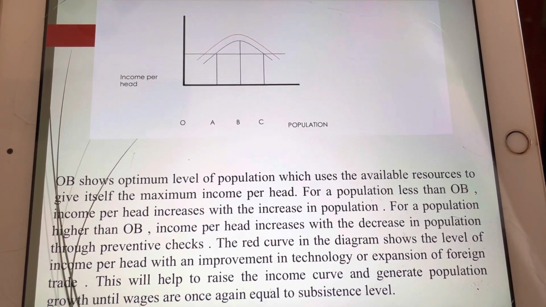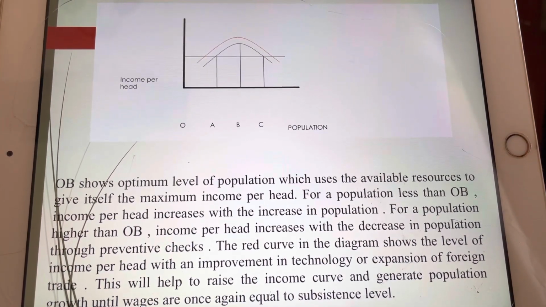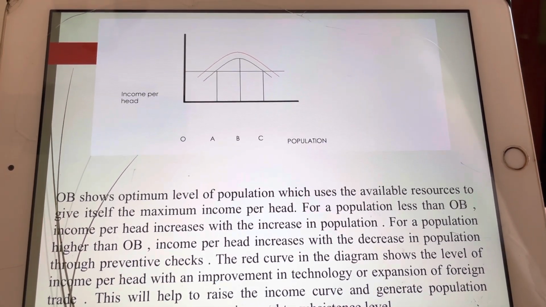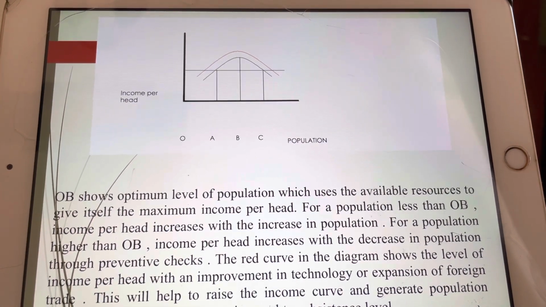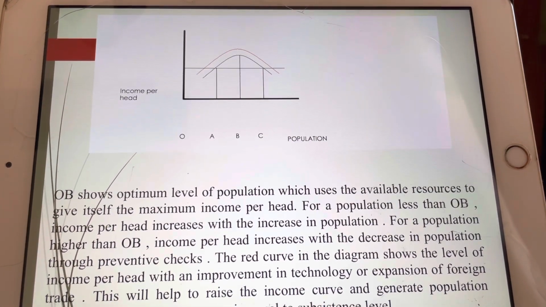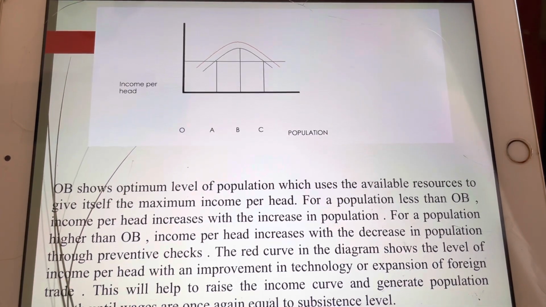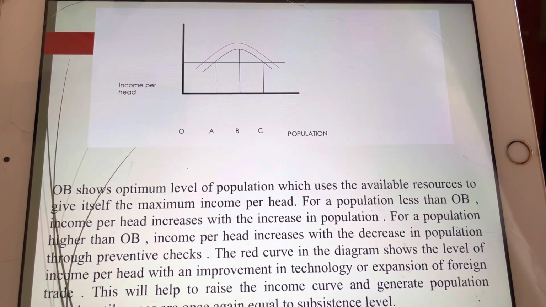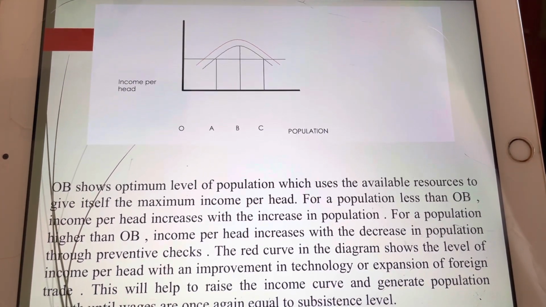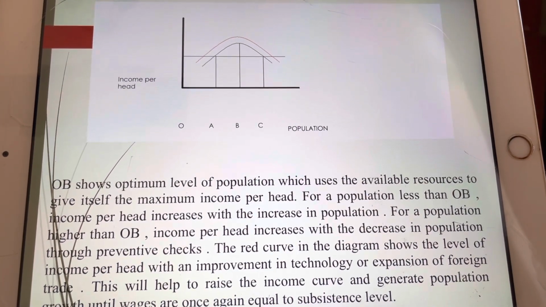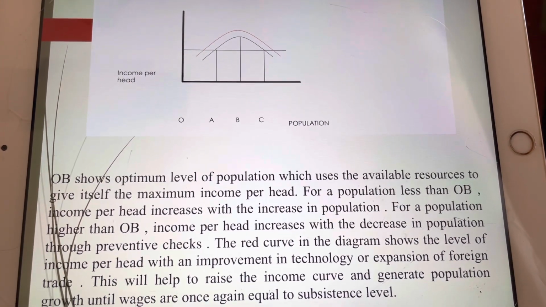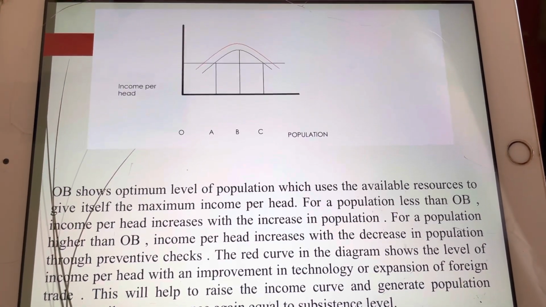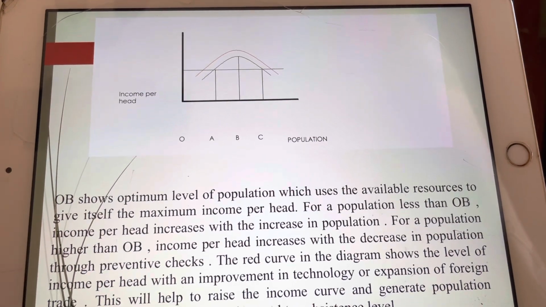On the x-axis we have taken the population, on the y-axis we have taken income per head, and through points A, B, C, I will try to explain what is the size of population at each point, whether it is increasing or decreasing, and at which point the population becomes optimum. So we will explain one by one. So we will go back.